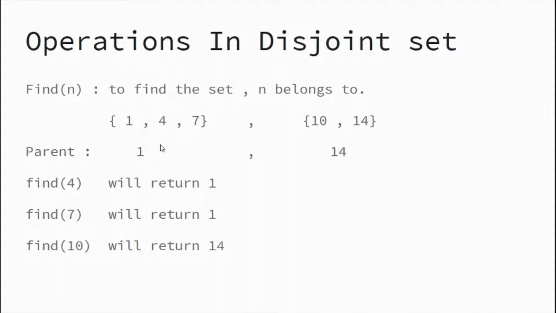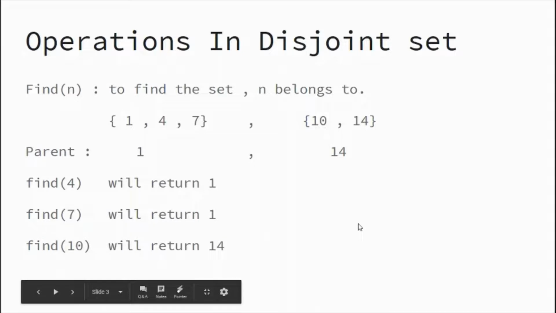Since in disjoint sets all the sets are disjoint, that is why they are called disjoint sets, the parent that we would choose would be unique. So the parents may be used as the unique identifier of a set. That is why instead of returning the name of the set, we can return the parent. For example, find 4 would return 1, since the parent of the set in which 4 belongs is 1. Find 7 would return 1, and find 10 would return 14.